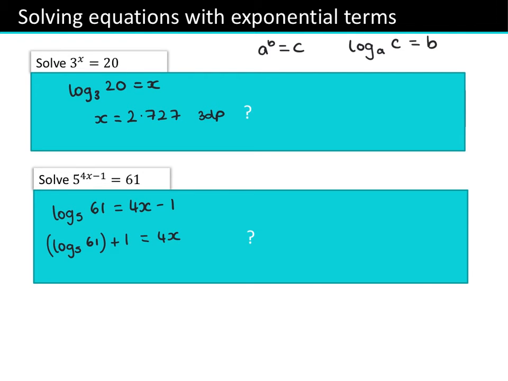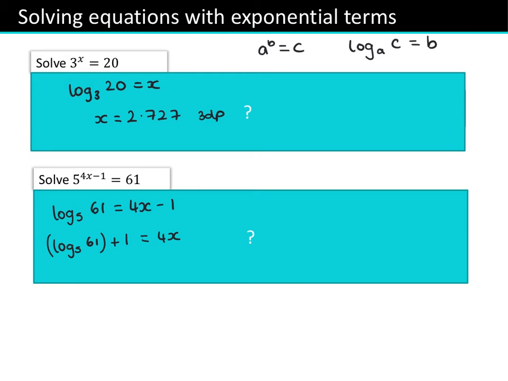Now, it's really important that we use brackets because if you put in your calculator log to the base 5 of 61 plus 1, it may think that you're doing log to the base 65 of 62, essentially. So then, what do I do? How do I now find x? I'm going to divide by 4.